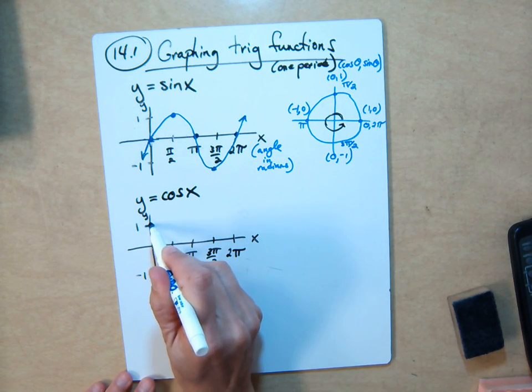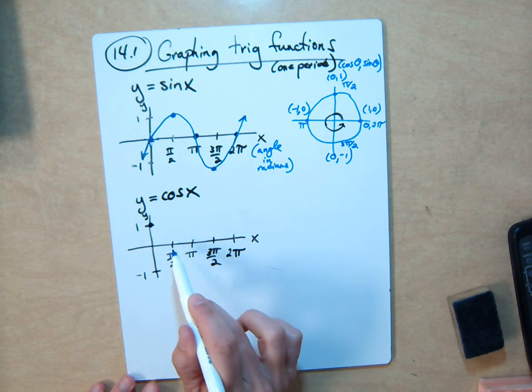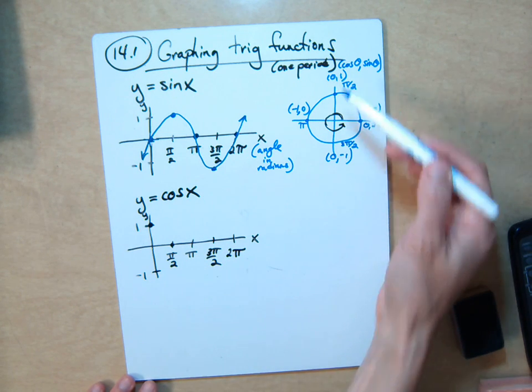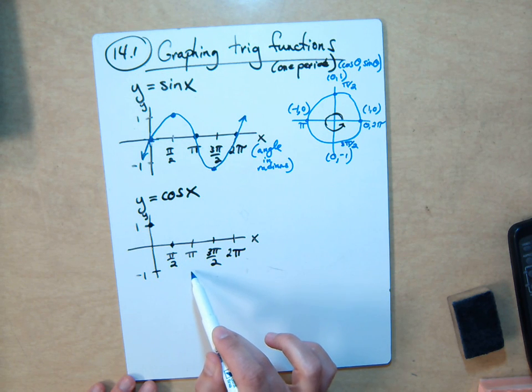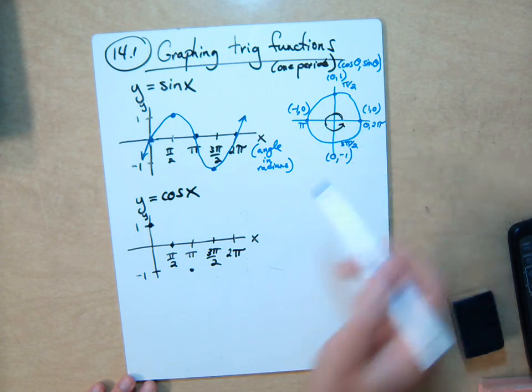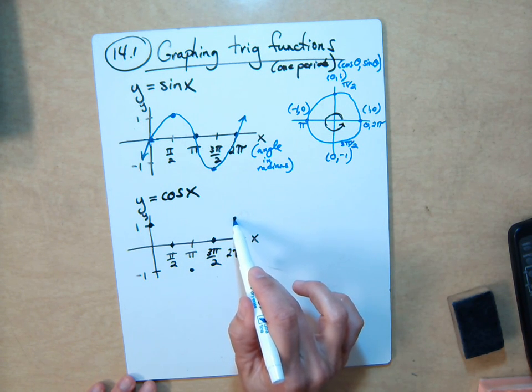If you get the starting place right, now the rest is pretty much easy, because then you go here, you go to 0 at pi over 2, the x coordinate is 0. There's only one place to go, it's down from there to negative 1, and sure enough at pi the x coordinate's negative 1. At 3 pi over 2 we go back to 0, and then we go back up to the highest point.